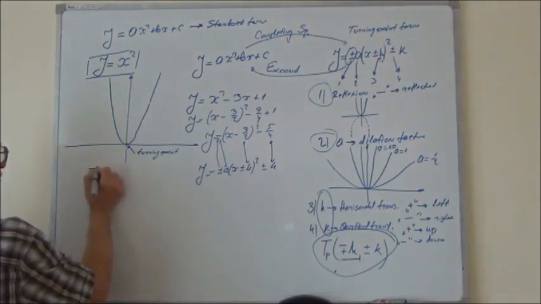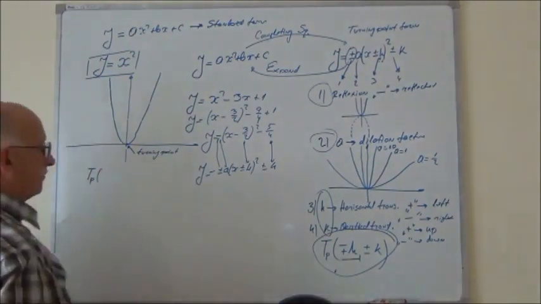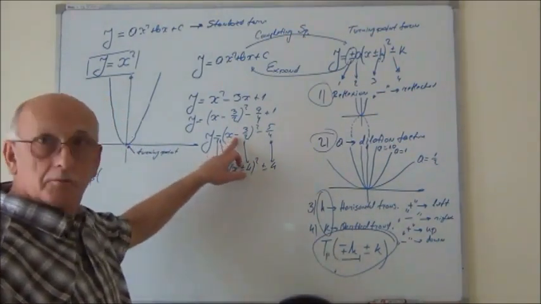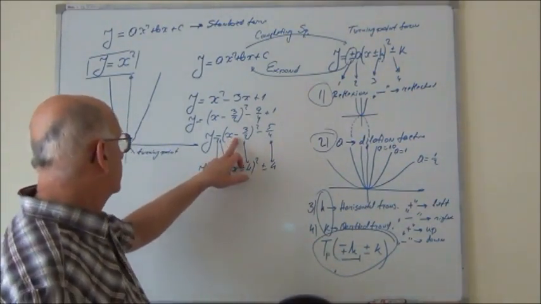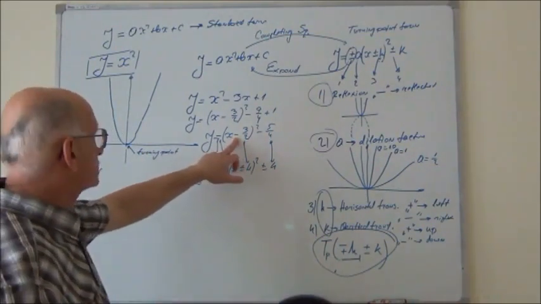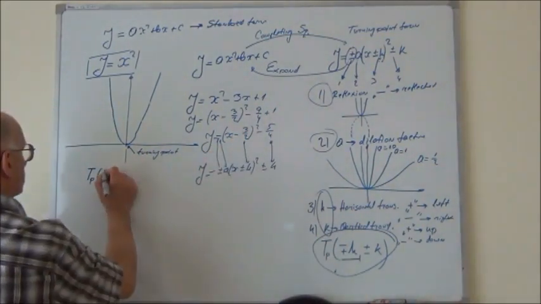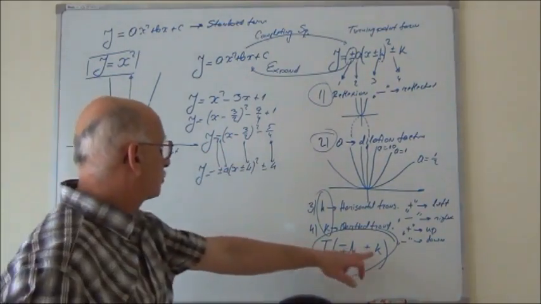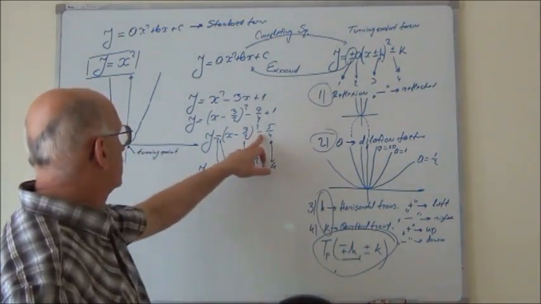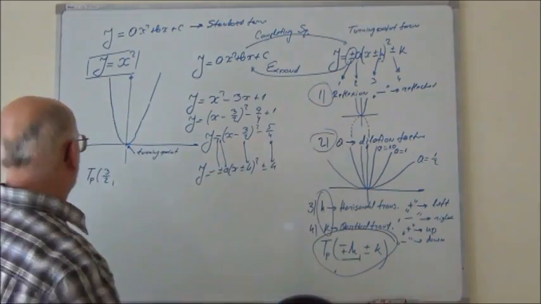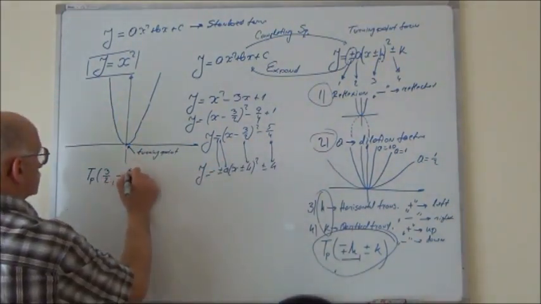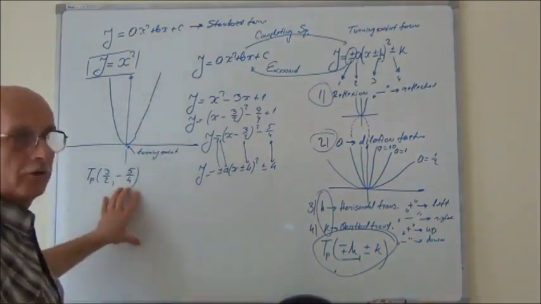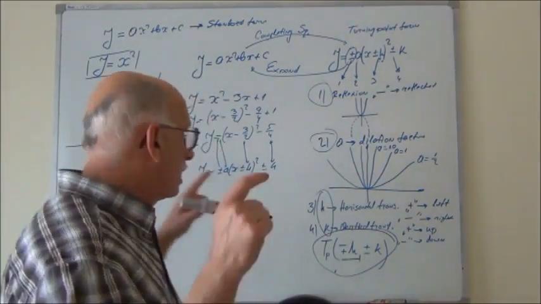The coordinates of turning point then will be the opposite sign of minus. Here we have minus, but now it will be plus 3 on 2. And for k, the same sign. Here we have minus 5 on 4 and minus 5 on 4. So we have coordinates of turning point.